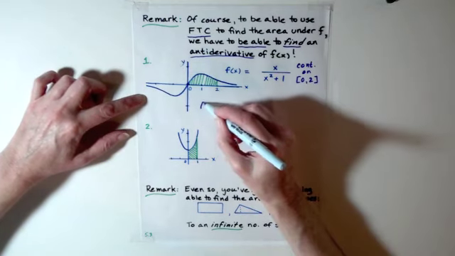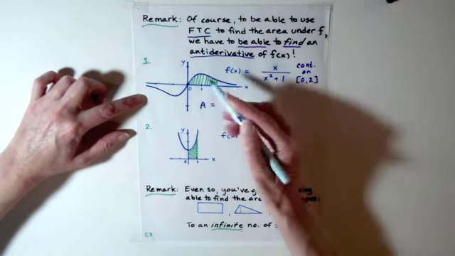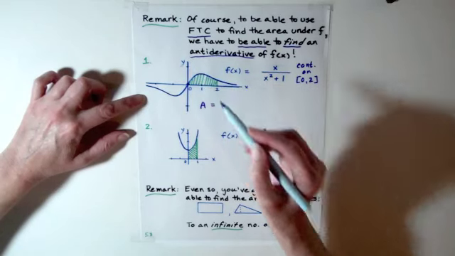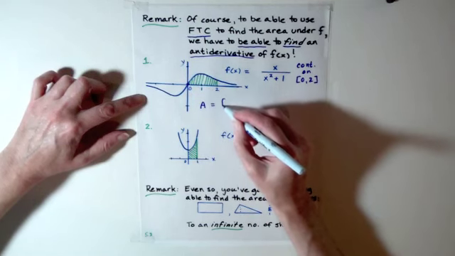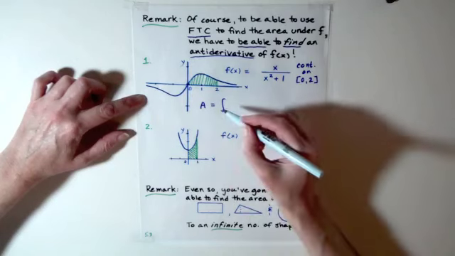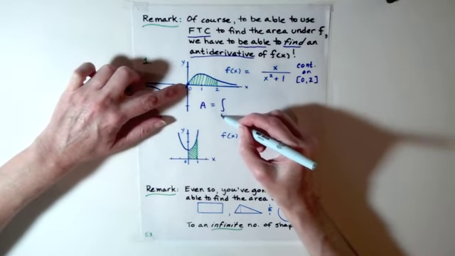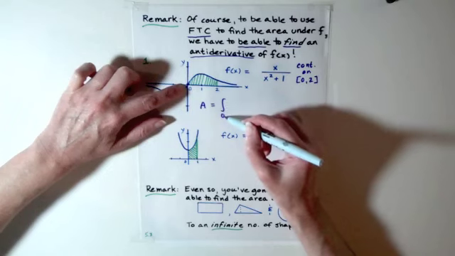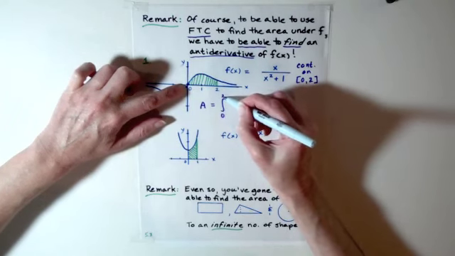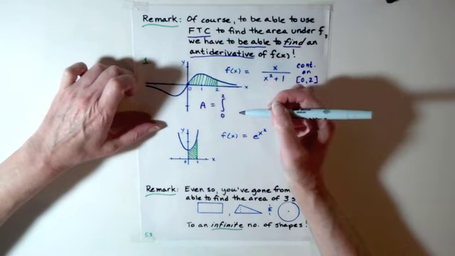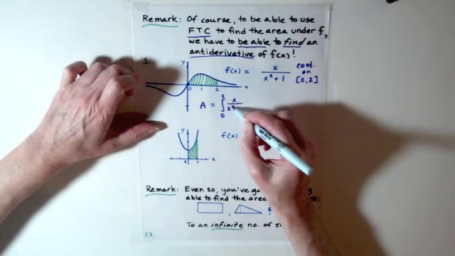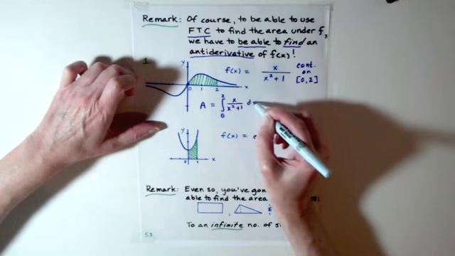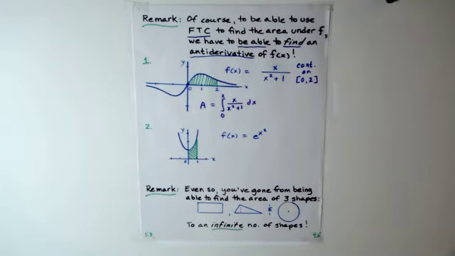So I would normally say, oh great, now I can find this green shaded area, which is the area under this curve from 0 to 2, just by doing my definite integral. My lower limit is 0, because the green area starts at 0. My upper limit will be 2 because the green area ends at 2. I just pop my function in there. This is my little f of x. And it looks like I'm all set to go.